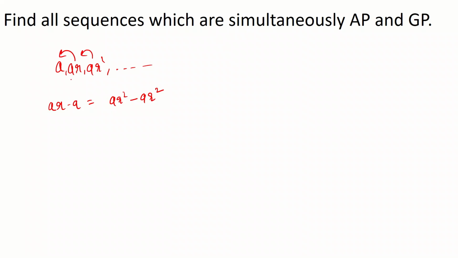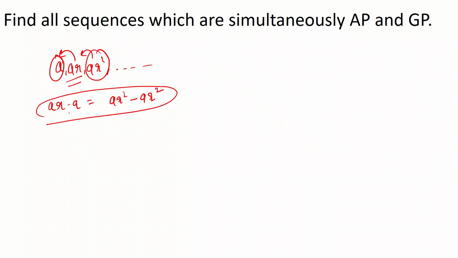In other words you can do twice of this plus this. Anyway, you'll be getting the same thing. This is AR minus A, and A square minus this is just AR, I'm sorry, AR square.